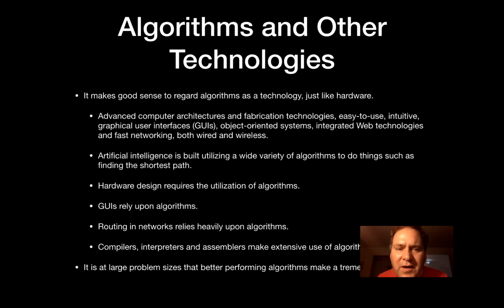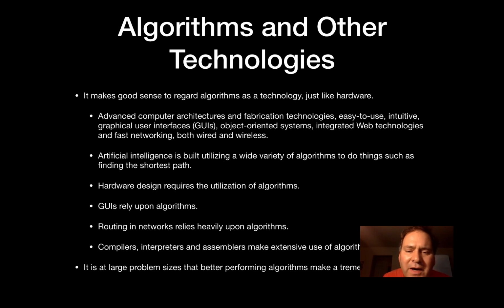Algorithms and other technologies. It made good sense to regard algorithms as a technology, just like hardware. Advanced computer architectures and fabrication technologies, easy-to-use, intuitive graphical user interfaces, object-oriented systems, integrated web technologies, and fast networking, both wired and wireless. Artificial intelligence is built utilizing a wide variety of algorithms to do such things as finding the shortest path.